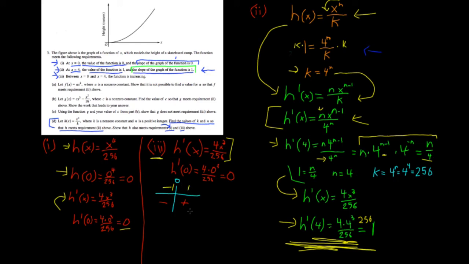So what this means is that from 0 to infinity, the graph would be increasing. So this shows that between x is equal to 0 and x is equal to 4, the function is increasing, because according to our first derivative test, it is going to be positive after 0, between 0 to infinity.